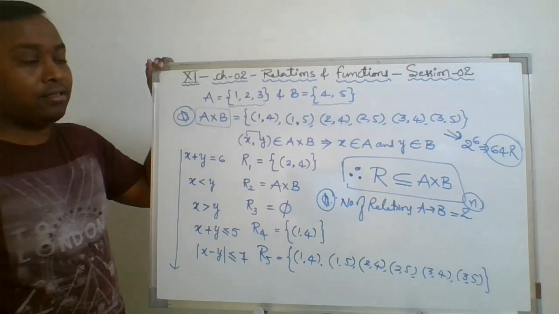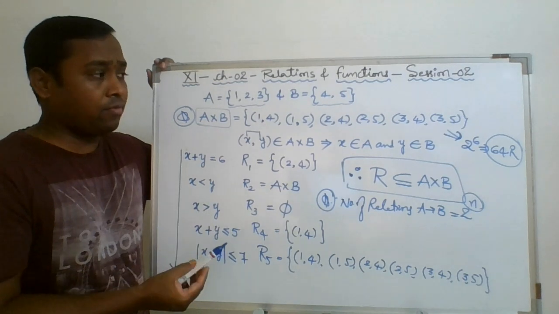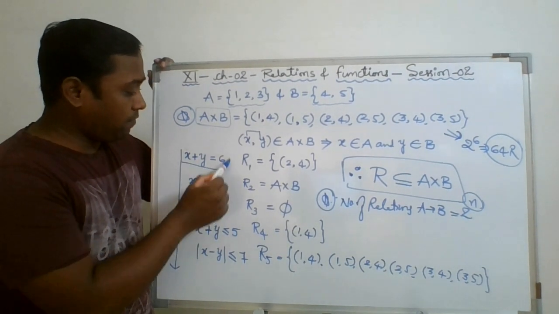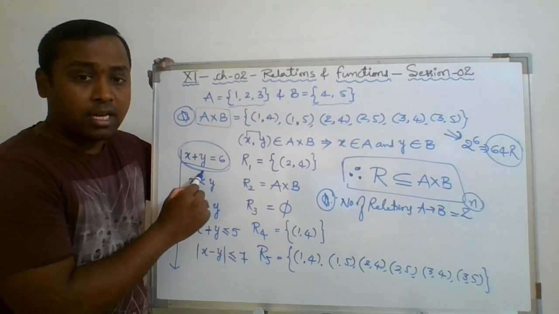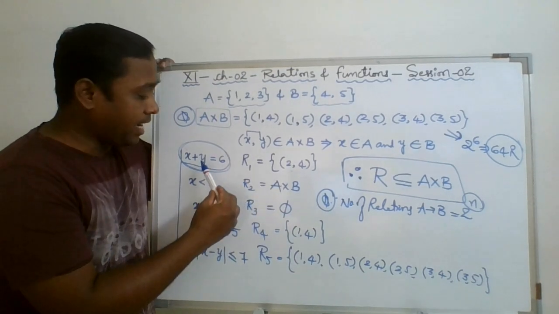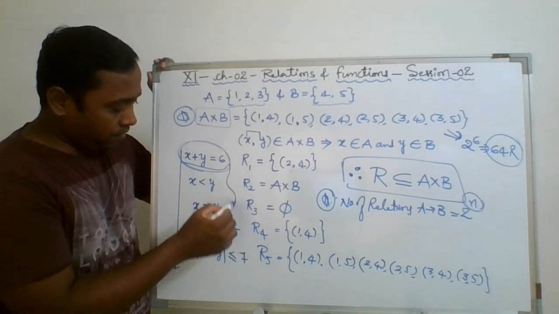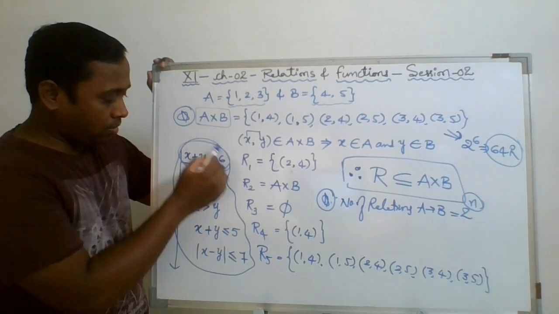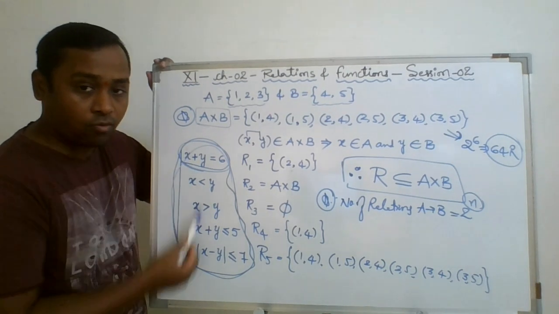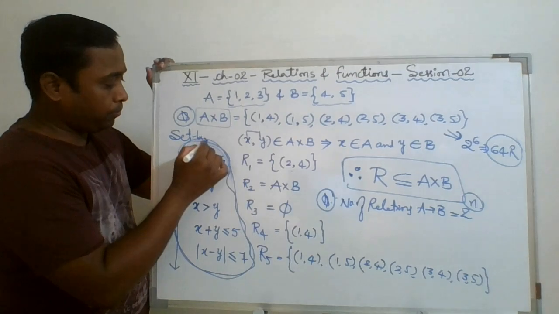In this exercise, they will give us a Cartesian product, and they may define some relation like this, and we need to list out the ordered pairs which satisfy the given condition. The way I am writing this relation between x and y through an equation or inequality is the set builder form.